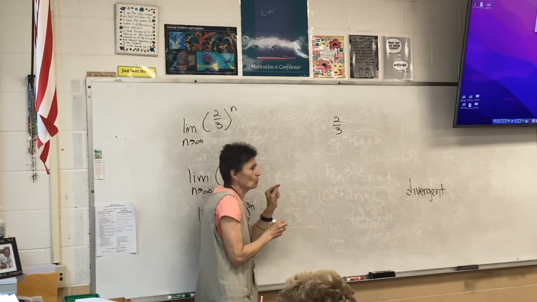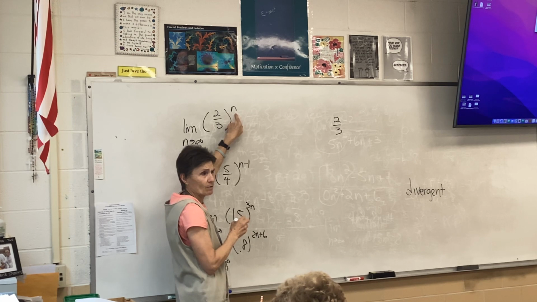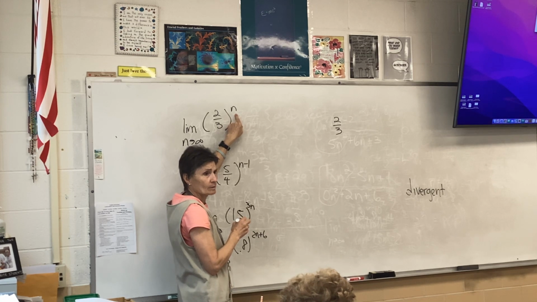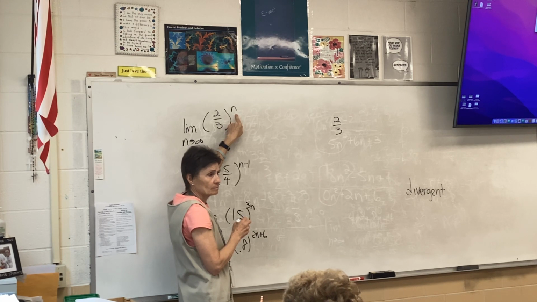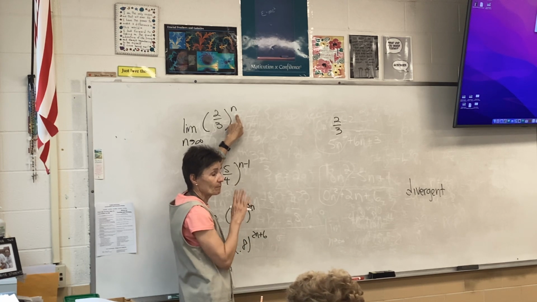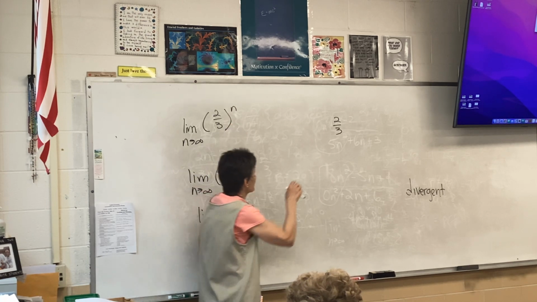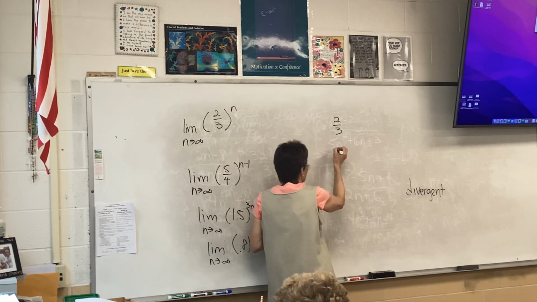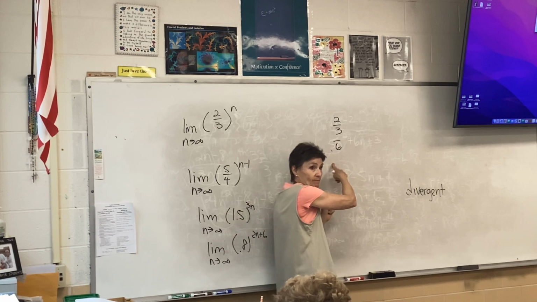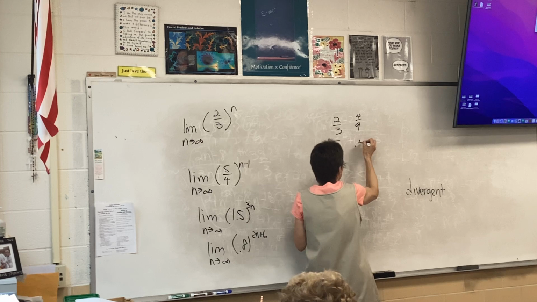What if I put n equal 2? What's 2/3 squared? Okay, we've got calculators if we need them. And Gio's reaching for his, good job. So n equal 1 gives 0.6 repeating, and then you get 4/9, which is 0.4 repeating.